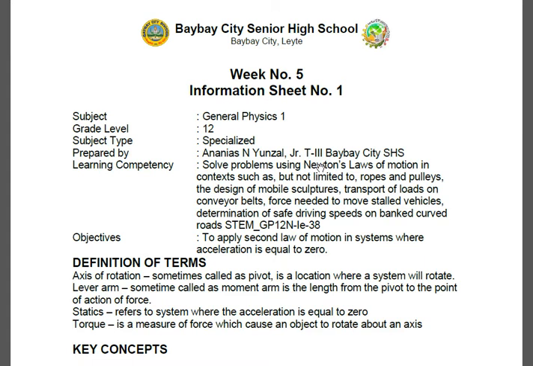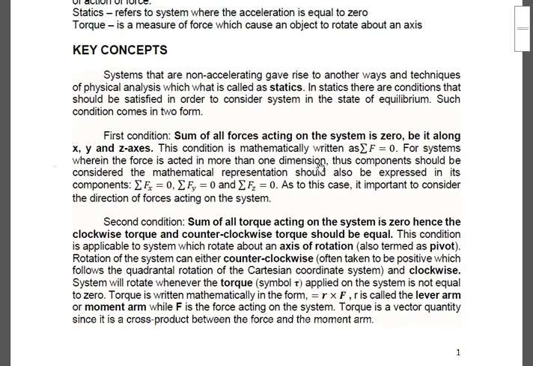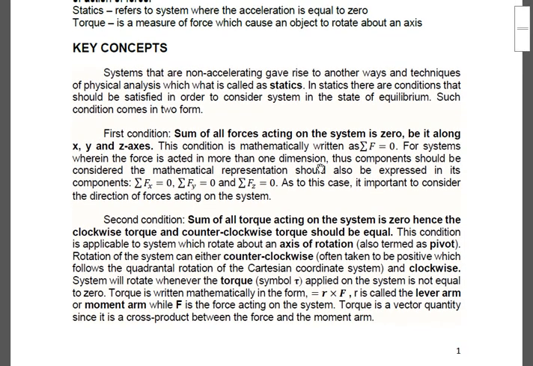But first we are going to have the concepts. First, the application of Newton's second law to those objects whose acceleration is equal to 0, or the sum of all forces is equal to 0.